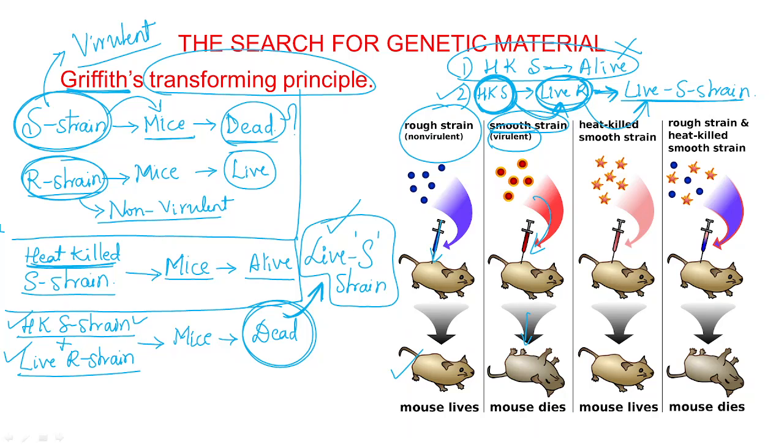Some transforming principle is working here, making the live R strain get transformed into live S strain, but he did not specify any molecule that helps the transformation. He finally told that some transforming principle is working, that is it.